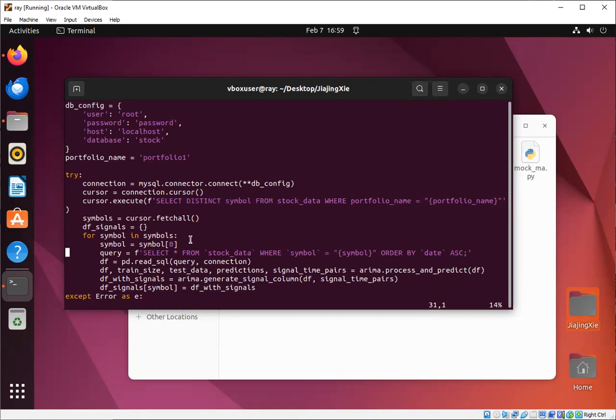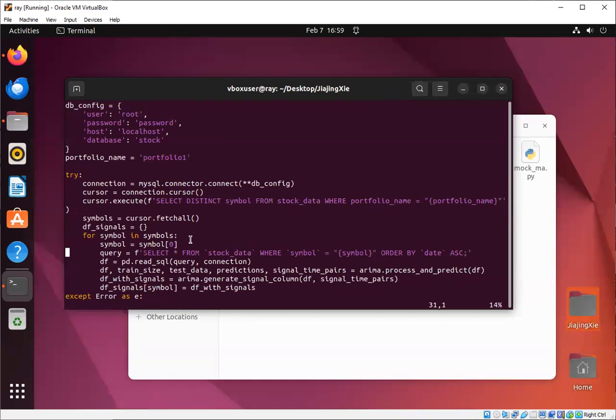First, we create an empty list for the portfolio value over time, and then combine the date and the symbol from the DF signals into a single data frame.